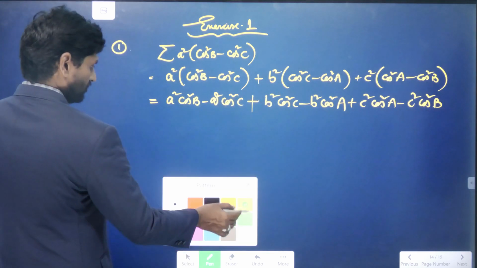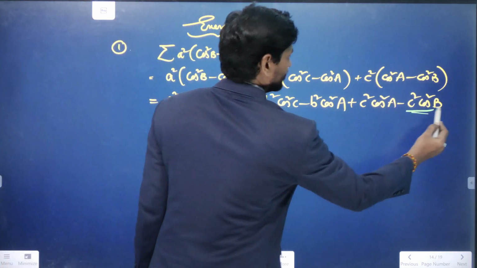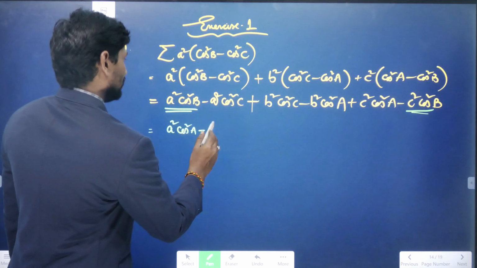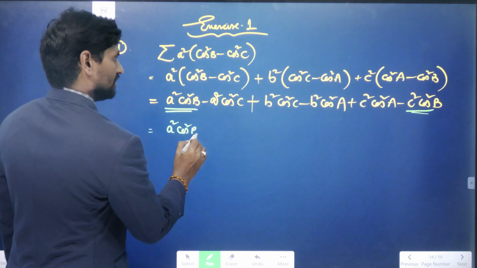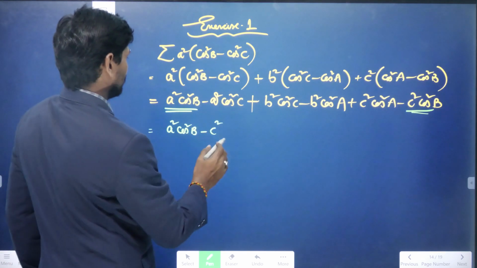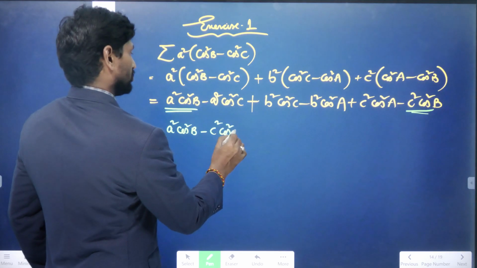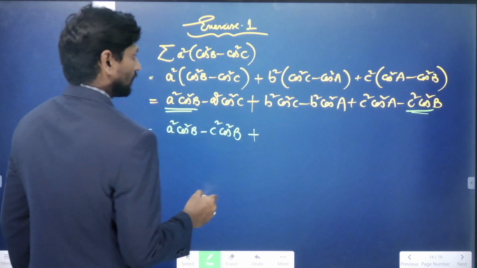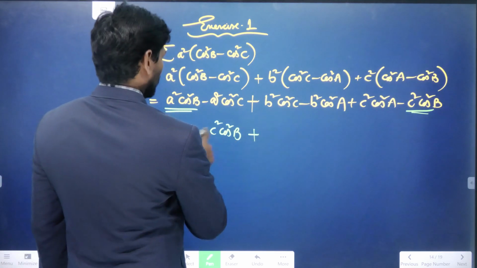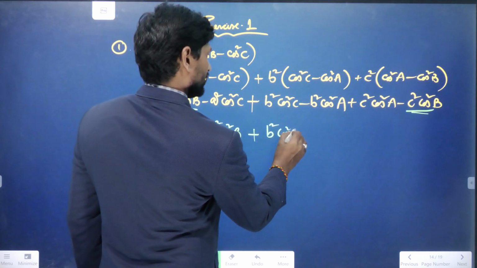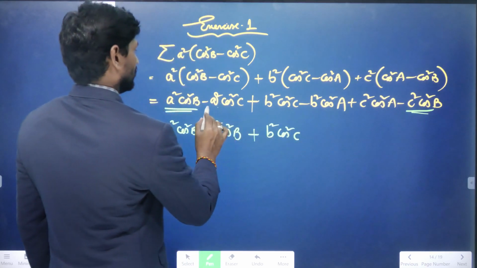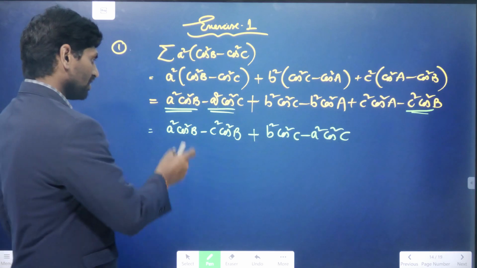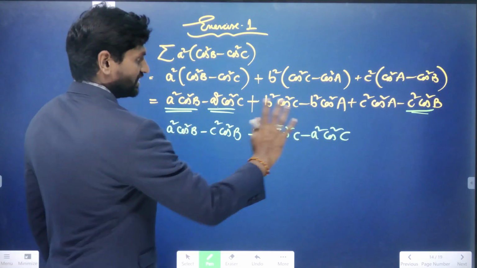That means from the first term and last term, I can write A square cos square B minus C square cos square B. I have written them together like this, plus the cos square C terms: B square cos square C minus A square cos square C. So first I have written the cos square B terms together, then the cos square C terms together.